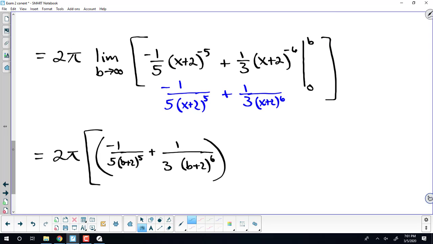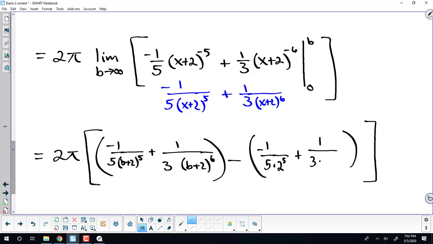And then we plug in our 0. So minus 1/5 times 1/2 to the 5th plus 1/3 to the 6th.